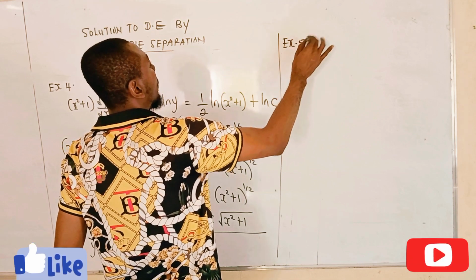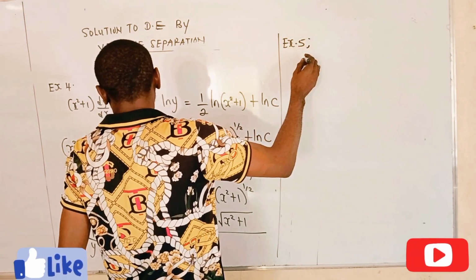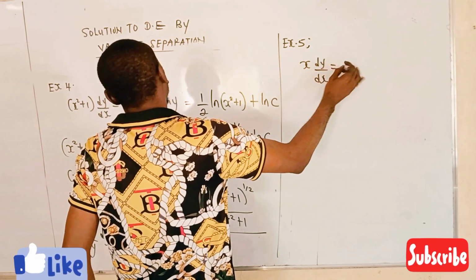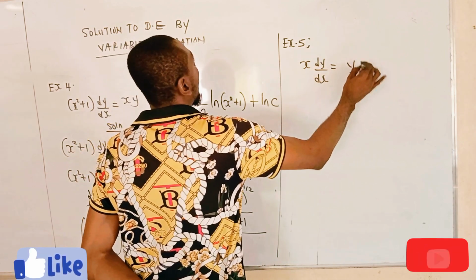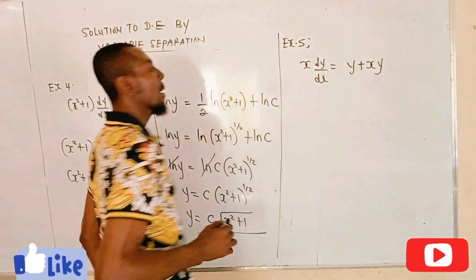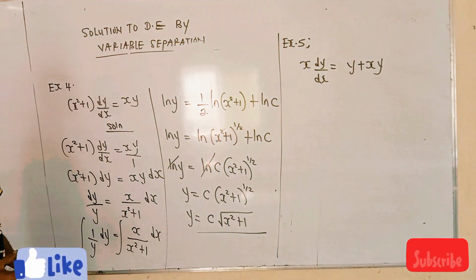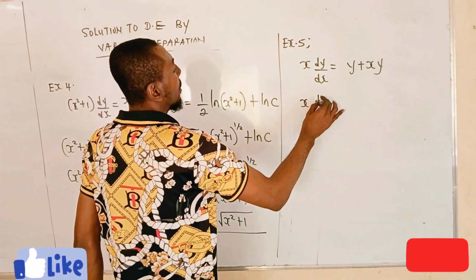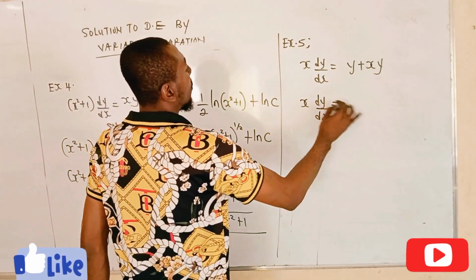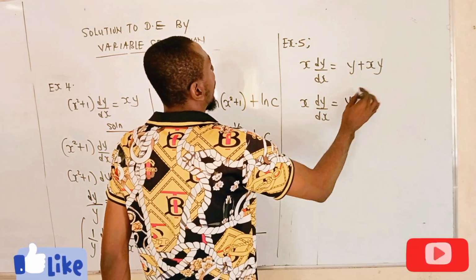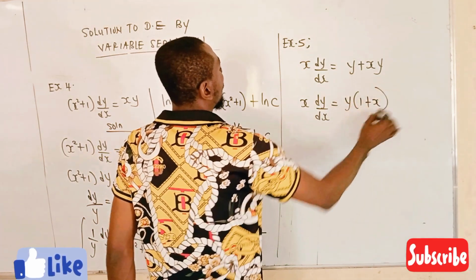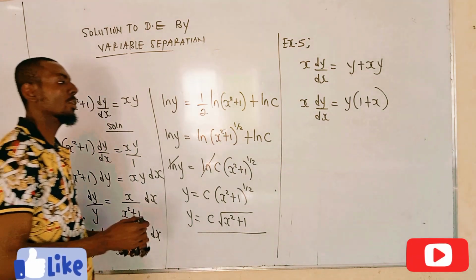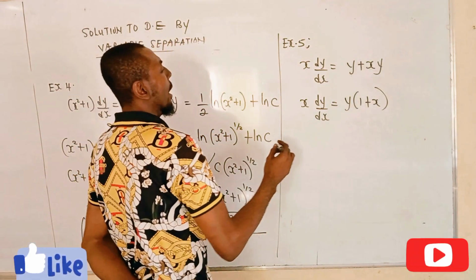Example 5: we have x dy/dx = xy + y. By variable separation, we have x dy over dx equal to, factorizing y, y(1 + x). That's by factorization.